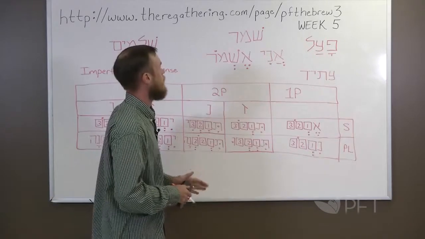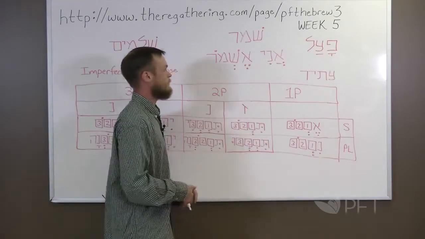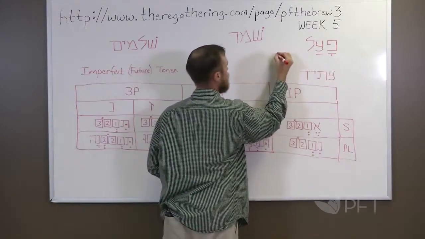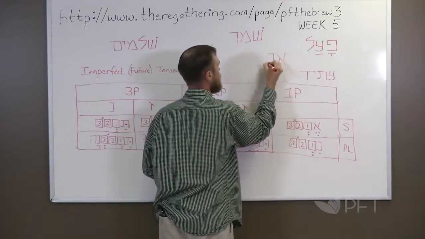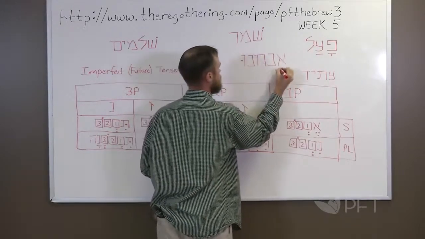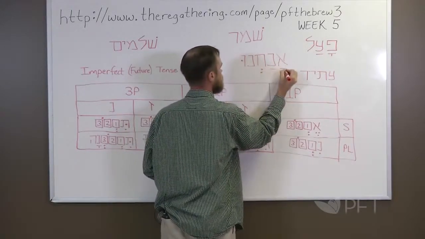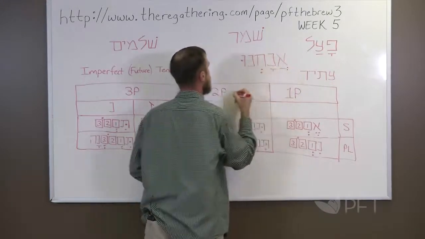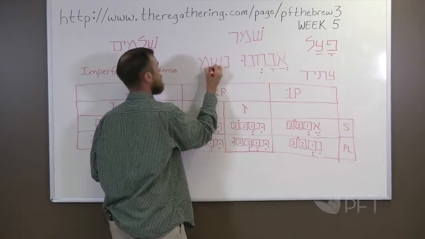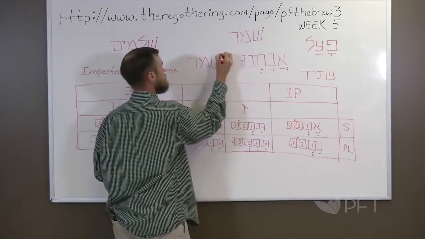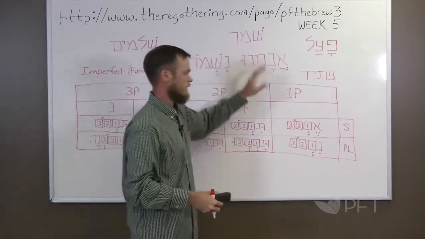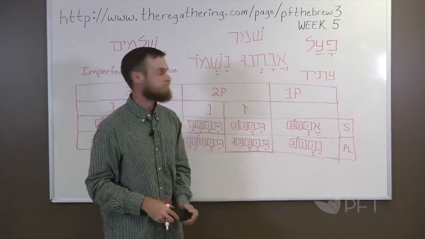So, Ani eshmor. Anachnu, that's we. We will keep would be anachnu nishmor. Again, just plugging in the root letters to the paradigm.